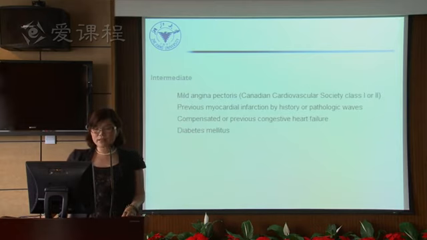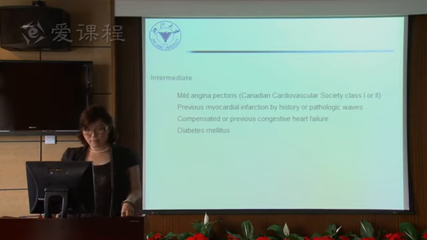And the intermediate is mild angina pectoris and previous myocardial infarction by history or pathologic Q waves. Or compensated or previous congestive heart failure. And the next one is diabetes mellitus.